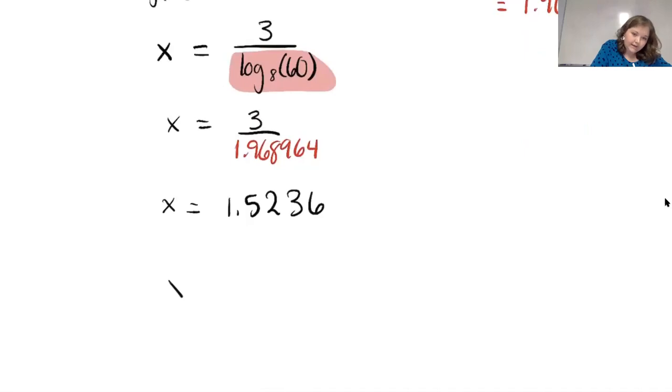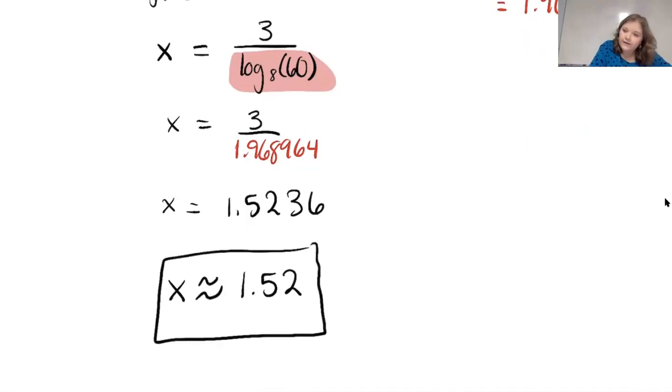And then as the final answer, we will round that to 2 decimal places. And I'm going to write the squiggly lines to mean approximately equal to, because it's not exactly equal because we rounded it. Okay. So that is the final answer for the third example. And I'm checking to make sure my calculations were correct.